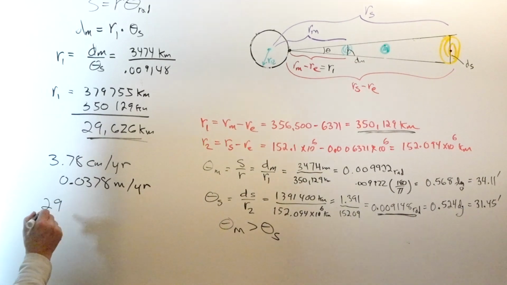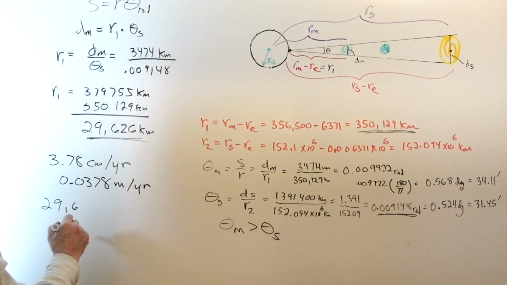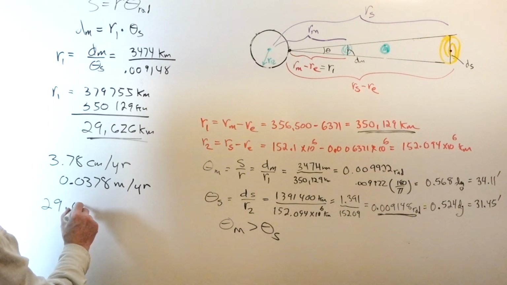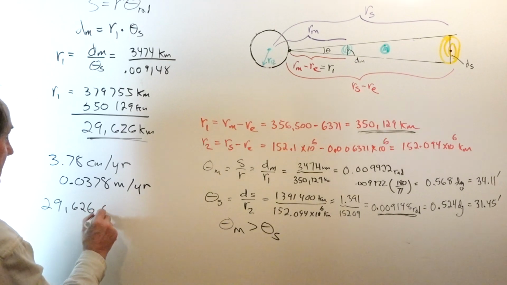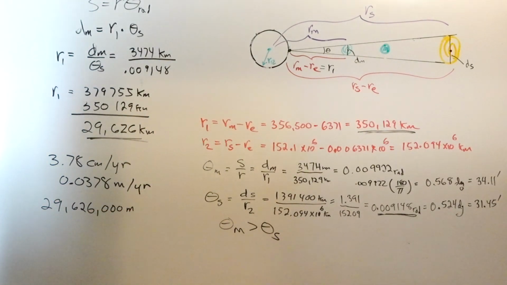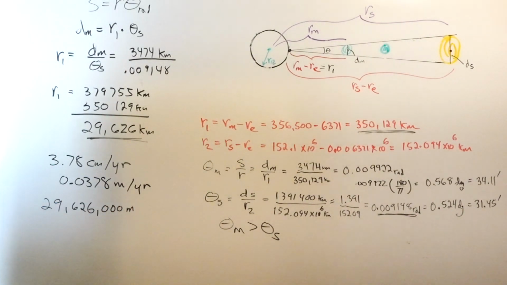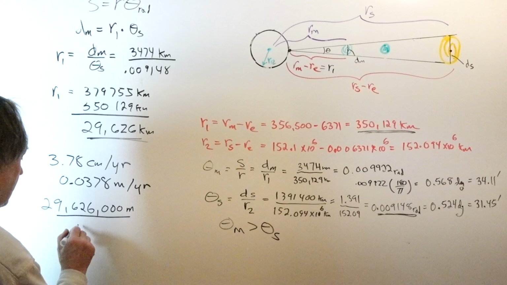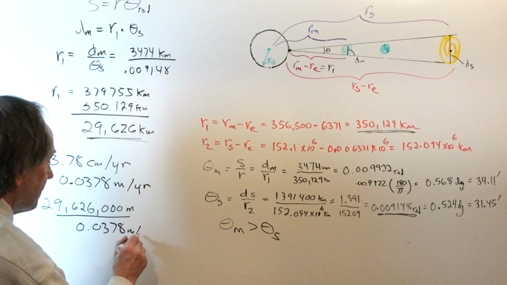So 29,626 kilometers is 29,626,000 meters. And we divide that by 0.0378 meters per year.